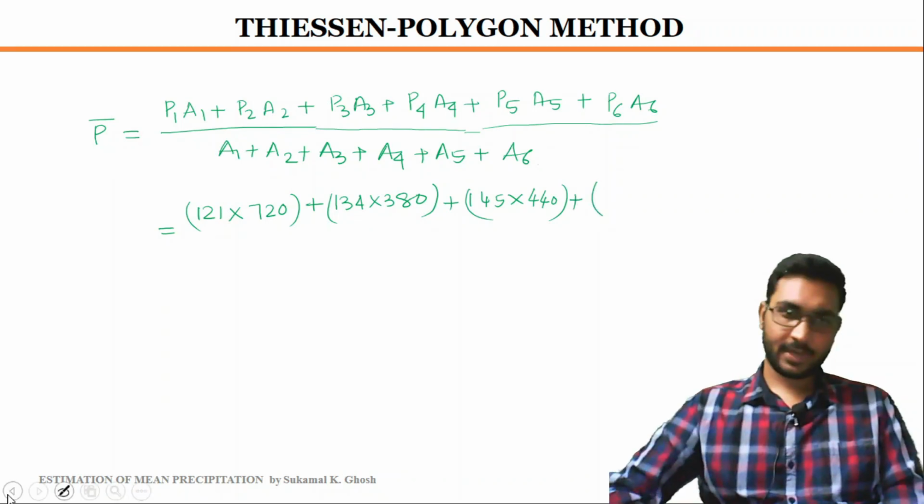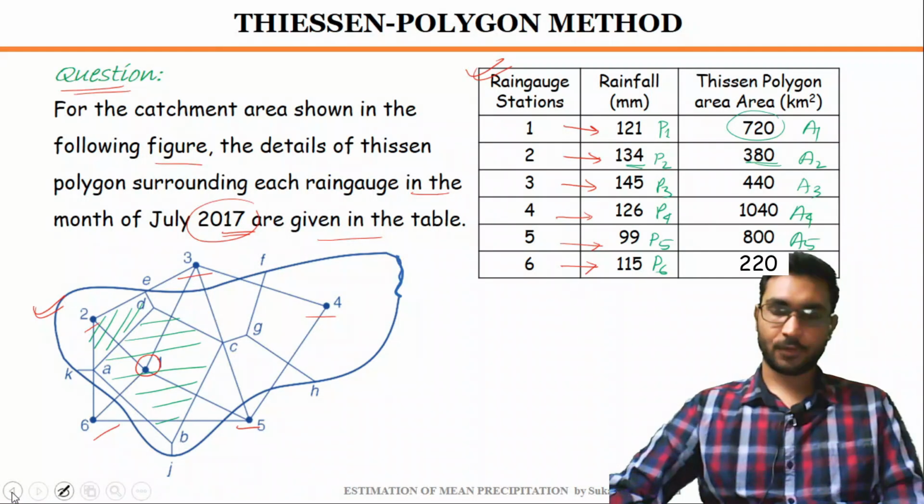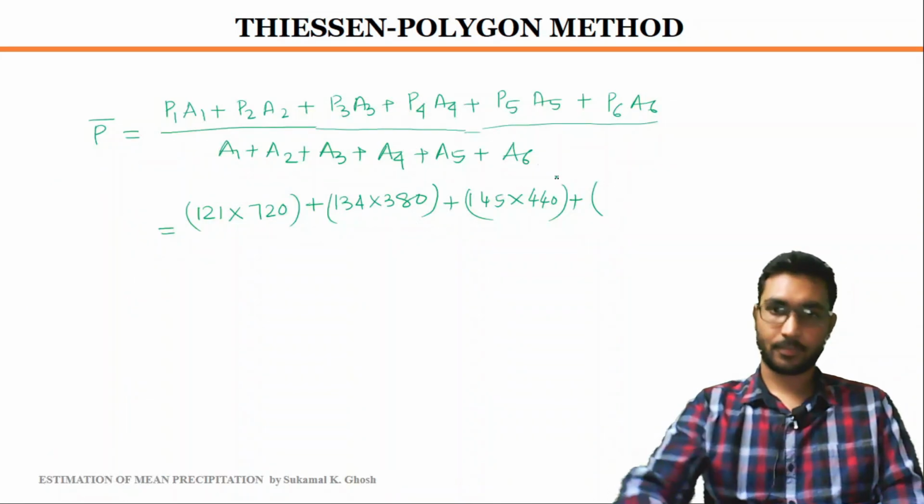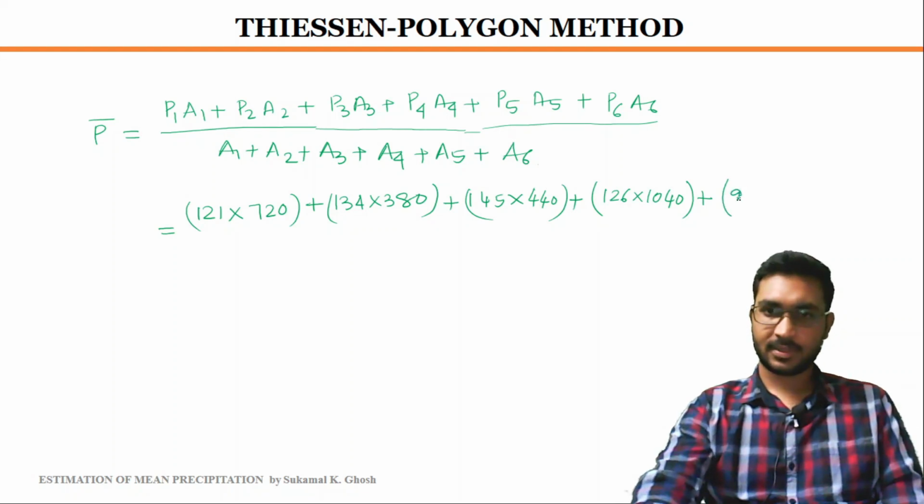Now what is our A4? Sorry, A4 is 1040 and P4 is 126. P5 is 99 and A5 is 800, right?